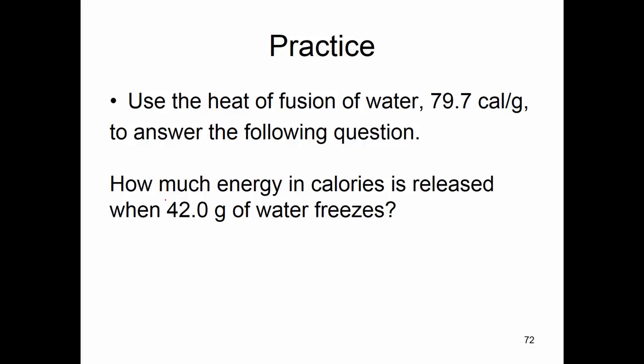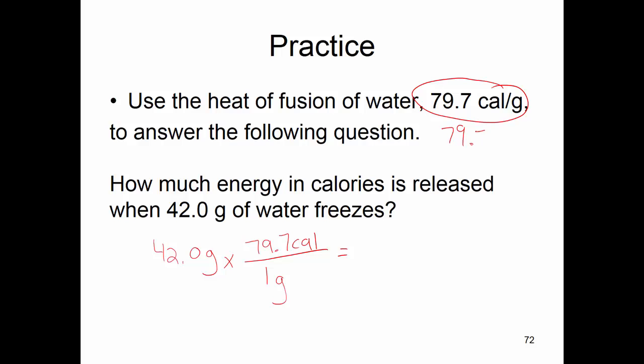So we have the heat of fusion of water, 79.7 calories per 1 gram, and we want to know how much energy is released when we have 42 grams of water. So all we do, if you want to write it out like this, you can. That is our common relationship, our conversion factor.